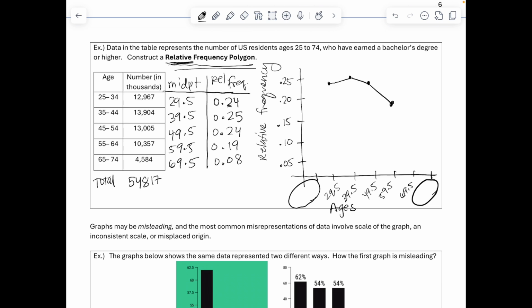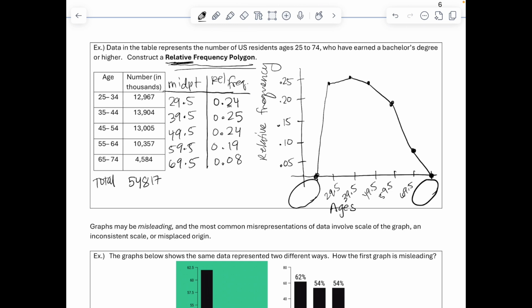And connecting those 2 consecutive points with a straight line. And then for 0.08, that's occurring at 69.5. Connecting those 2 points together with a straight line. And then this is going to extend down, extending our graph down to the horizontal line on both the start and the end.